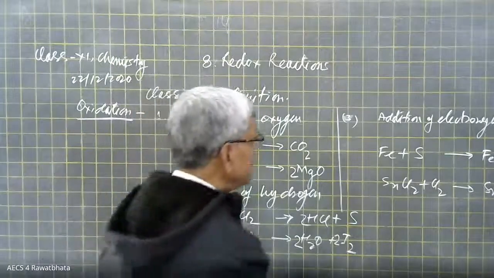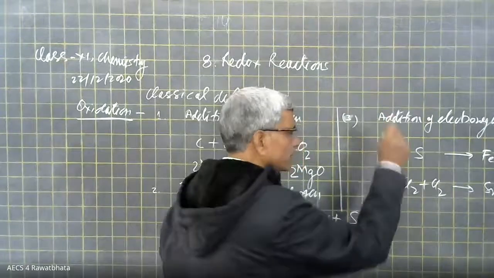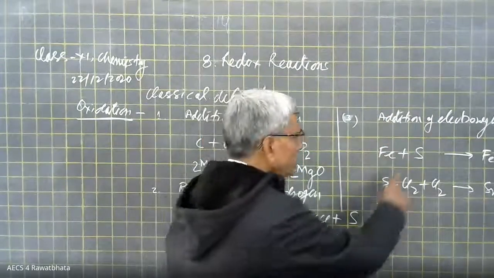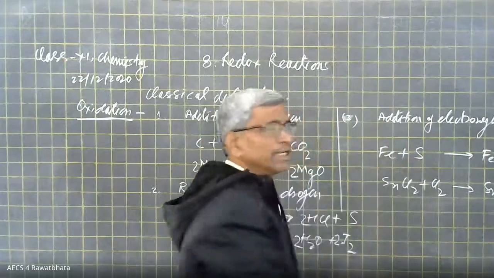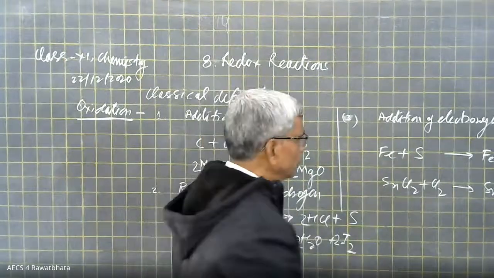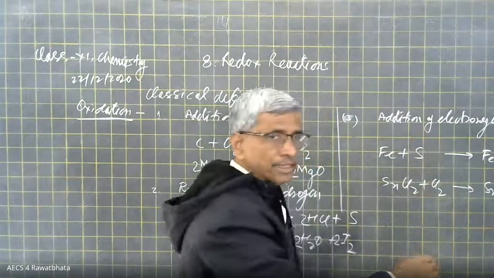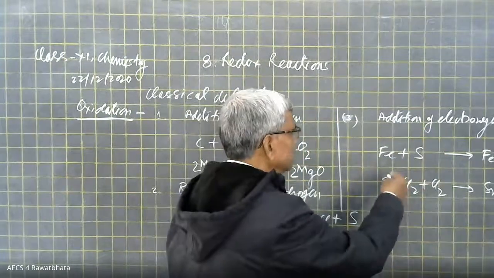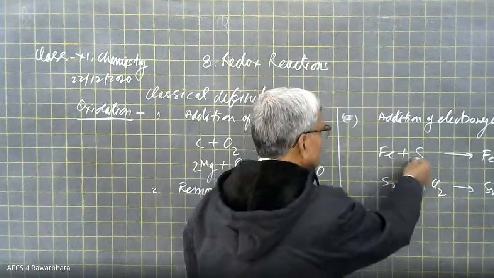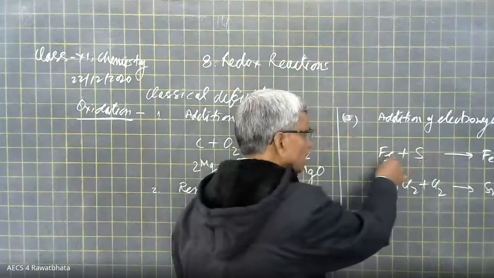This iron is a metal. It is an electropositive element here. Sulfur is a non-metal. It is electronegative here. So this electropositive element is joining to the sulfur, and sulfur, the electronegative element, is going to join to the iron.